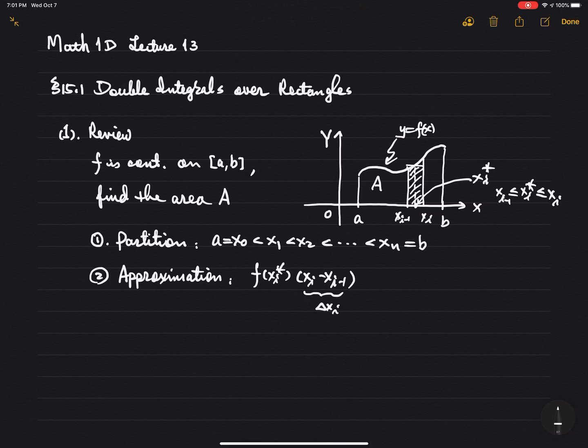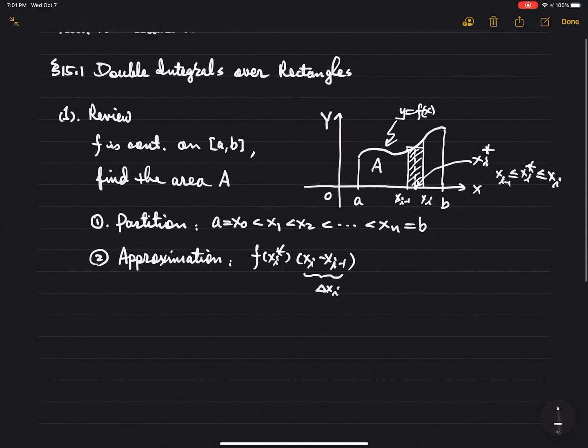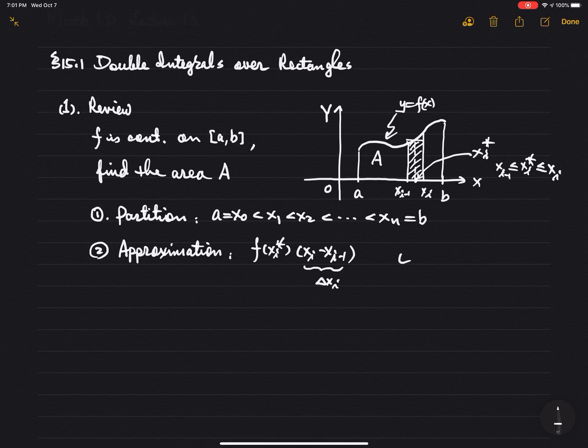Sometimes we have an equally spaced partition. That means the distances between x1 and x2, x2 and x3, and so on, are all equal.